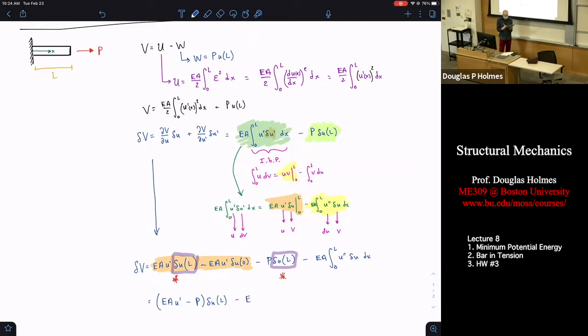Then we have the second term. And then I'm going to pull the EA back inside the integral just for clarity. You'll see what I mean in one second.